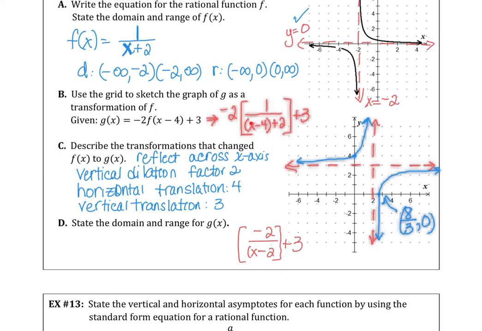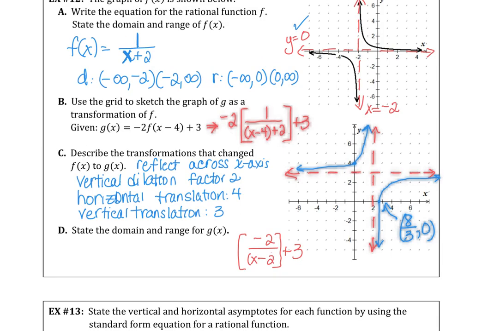So in the end, we're getting a transformation that's going to move 2 units to the right, or give us that vertical asymptote at +2 and a horizontal asymptote at +3. I did do a little bit of calculating to figure that out for the x-intercept. And then stating the domain and the range for g of x.